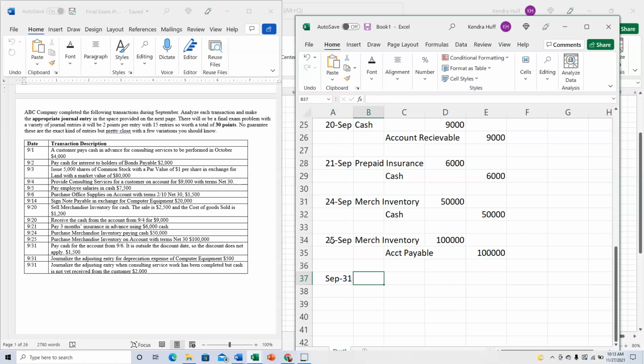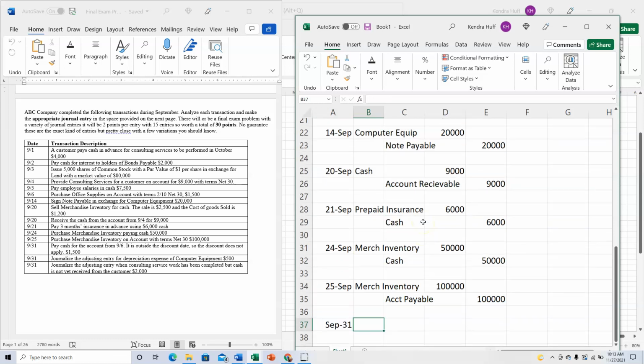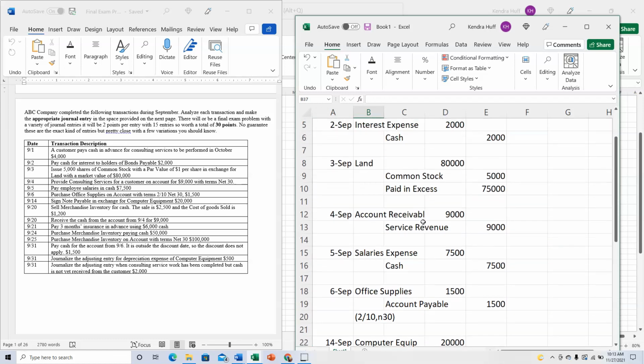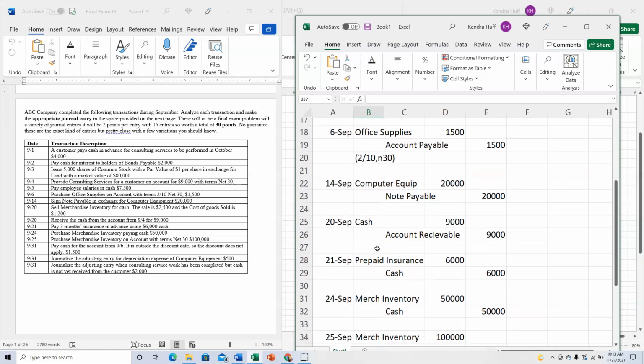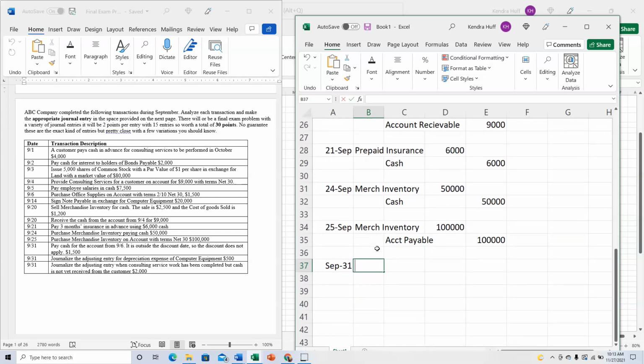Pay cash for the account from 9/6 is outside the discount date, so the discount does not apply. So 9/6 up here, we bought office supplies for $1,500 on account with terms 2% paid within 10 days, but the 10 days have already gone, so I have to pay the full $1,500.